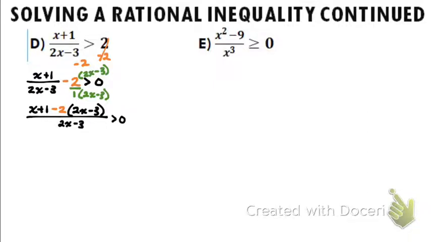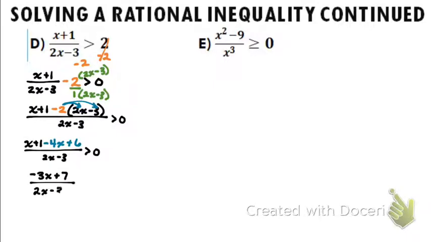I'm going to need to distribute here now. So x plus 1 minus 4x plus 6 over 2x minus 3 is greater than 0. And then I'll combine my like terms together. So I get negative 3x plus 7 over 2x minus 3 is greater than 0.